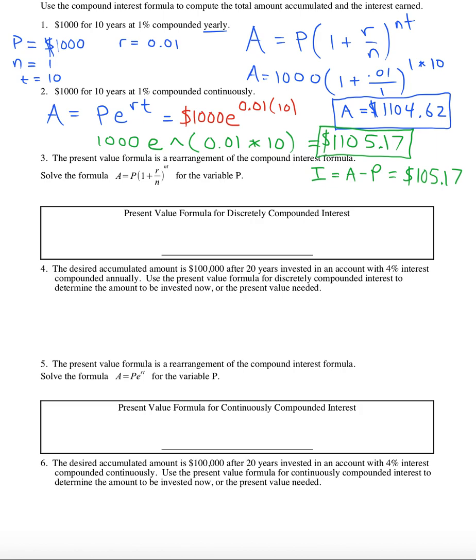The next thing I'm going to find is a formula called the present value formula. The way it's found is by solving the compound interest formula for P. If we start with A on the left and P on the right, then all we need to do to get P alone is divide both sides by this big factor, 1 plus R over N to the NT.